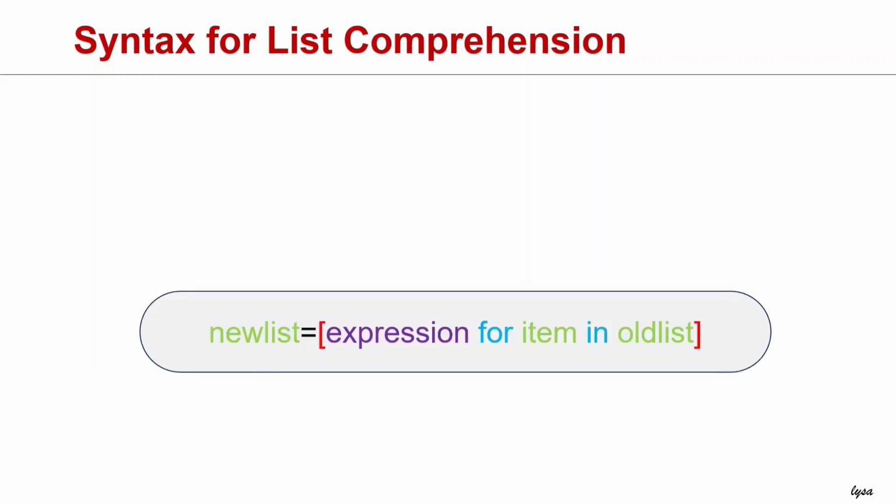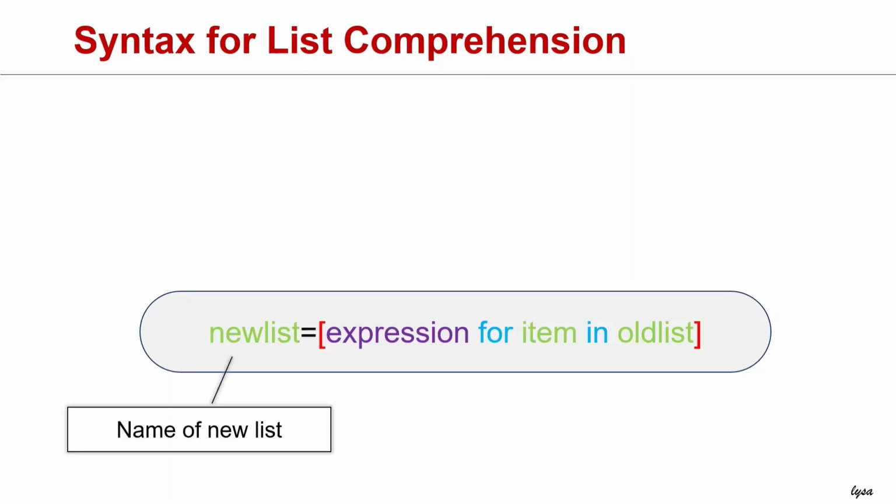The syntax for list comprehension is new list is equal to, please note that there has to be a list symbol, which is a square bracket, within which we write an expression for item in old list. The name of the new list is new list.